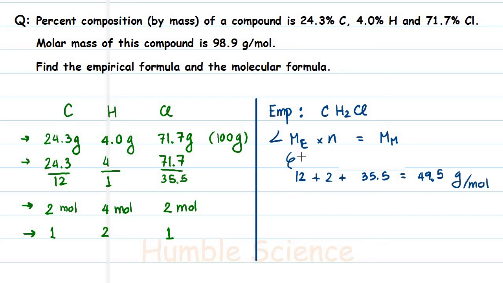Okay, now we can plug this in. So it's going to be 49.5 times N, going to be equal to the molar mass of the molecular formula, which is 98.9. So that is going to be approximately 2. That means the molecular formula is going to be equal to the empirical formula times 2.